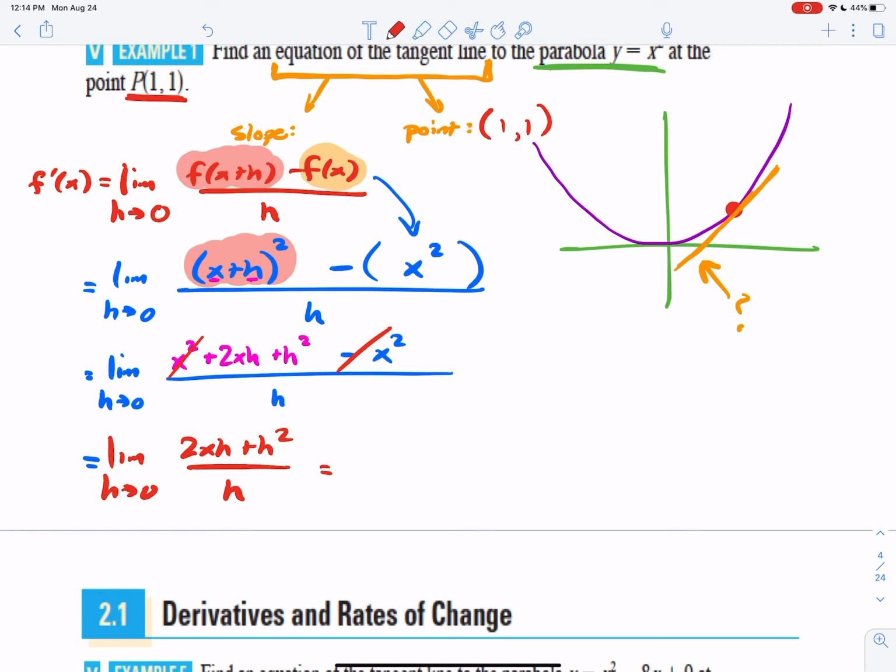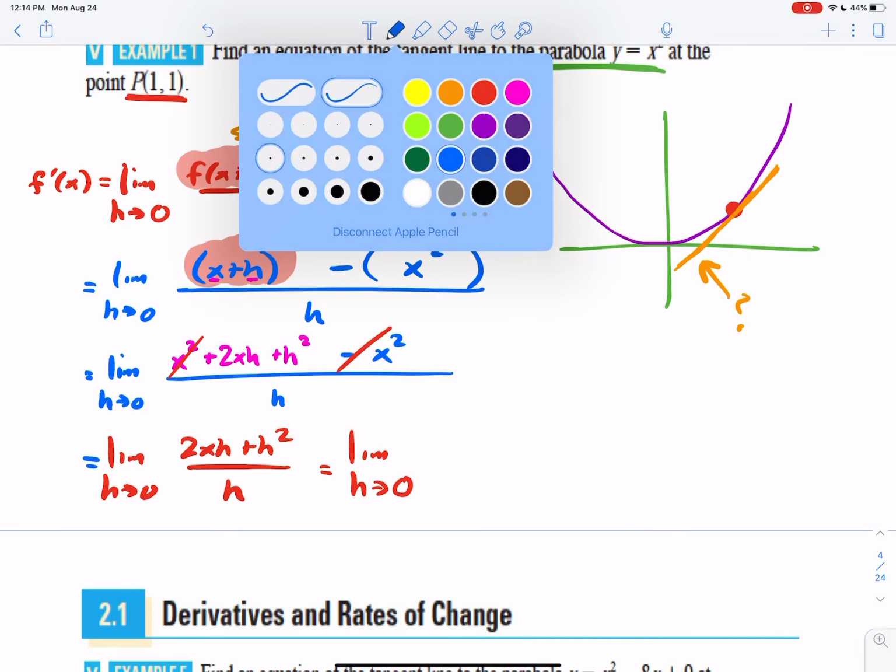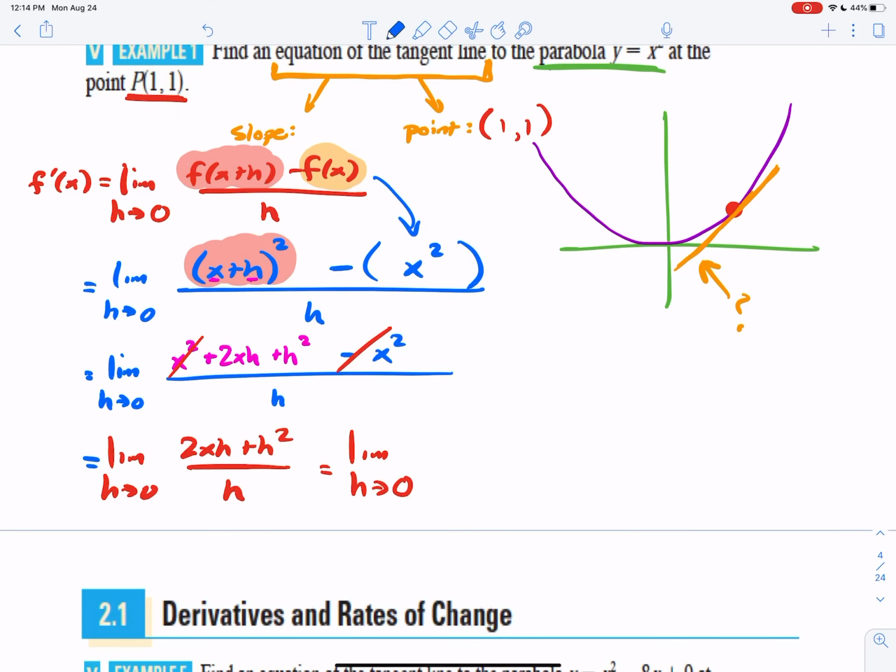So I have to manipulate a little bit more. So I noticed that I could actually divide both of those numerator terms by h. So if I divide 2xh by h, I'll get 2x. And if I divide the h squared by h, I'll be left with just the h. Okay. So if I plug in h now with 0, I will get 2x.